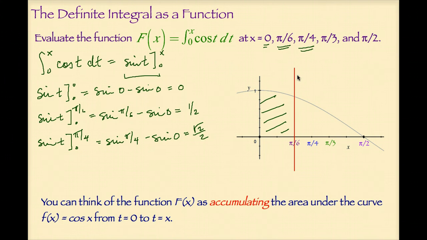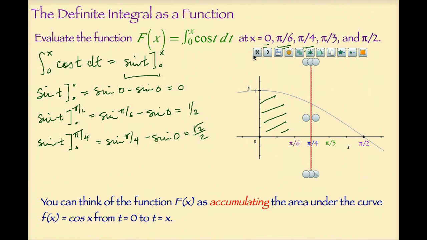But more importantly, now we have found the value of the area under the curve from 0 to pi over 4. So notice we've added more area as we have changed the endpoint of integration. I'll try to make it sort of a different orientation so you can see. That now is the value of the definite integral from 0 to pi over 4, and that is the area under the curve.